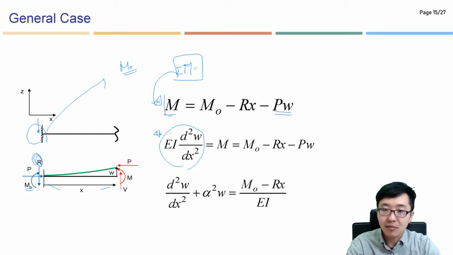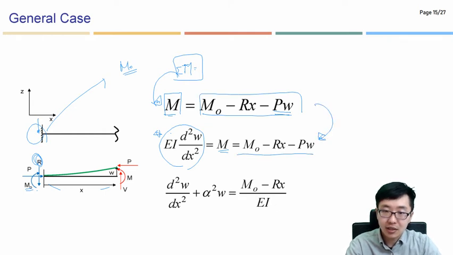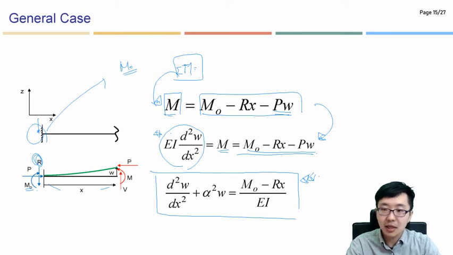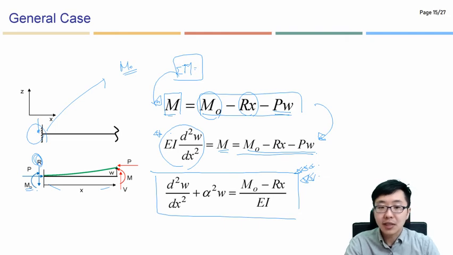That is exactly the same as M, and then this part is rewritten here and simplified again. So nothing special. What we have done is just consider here the initial moment and the reaction force, so that the equation can be simplified again. So what will be the next?